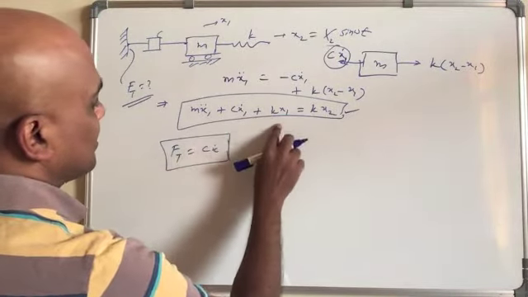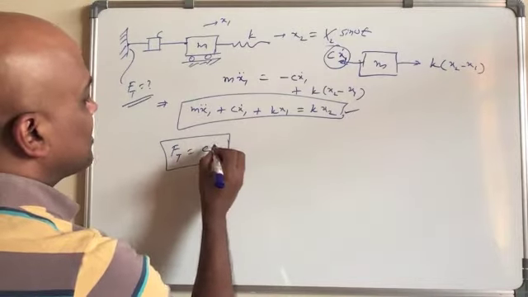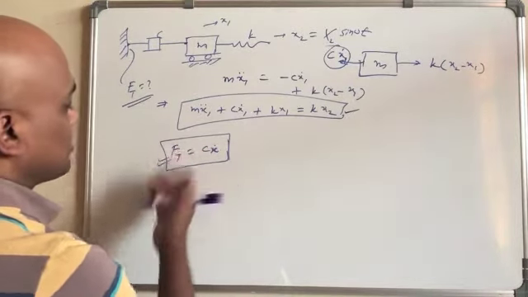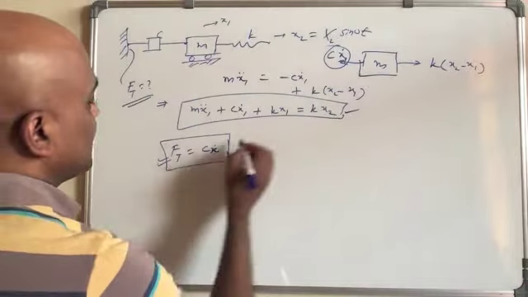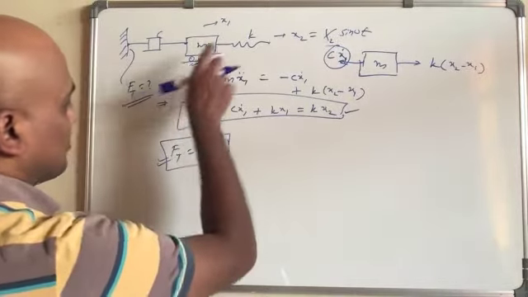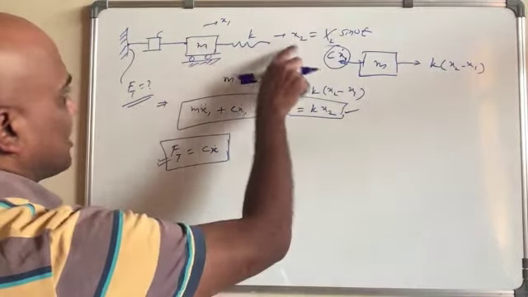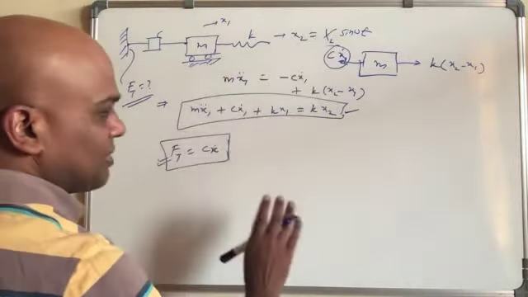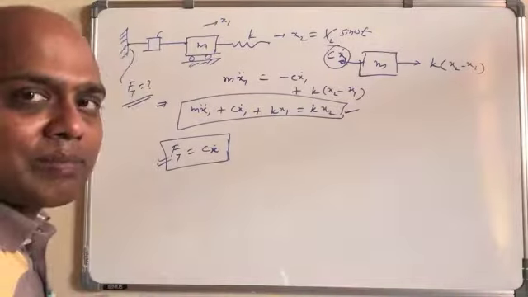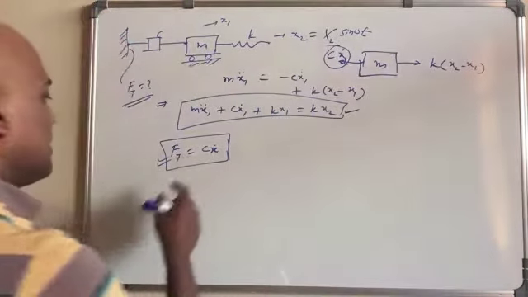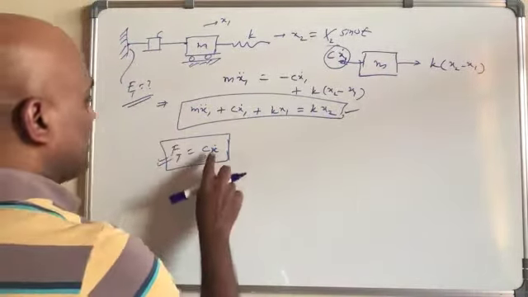If you solve this and put x dot here, you get the force transmitted. The transmissibility in this case would be F_T over F naught, but there is no transmissibility here, and this question was not on transmissibility anyway. The transmitted force is c x dot.